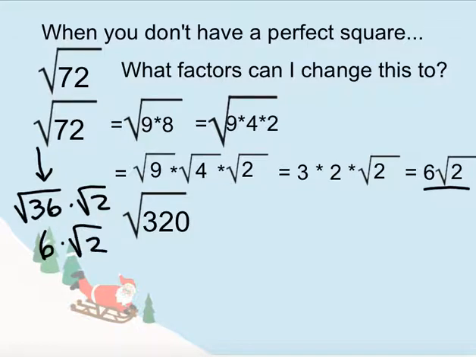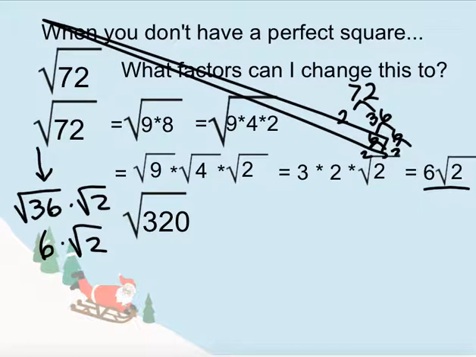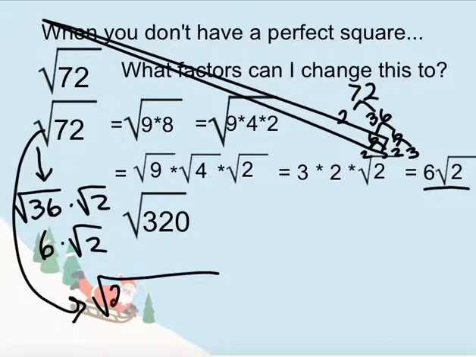Now we could go even further actually by saying the square root of 72, well 72, I'll break it up into its primes by saying that's 2 times 36, 6 and 6, which is 2 and 3, and 2 and 3. So the square root of 72 is really the square root of 2 times 2 times 2 times 3 times 3.